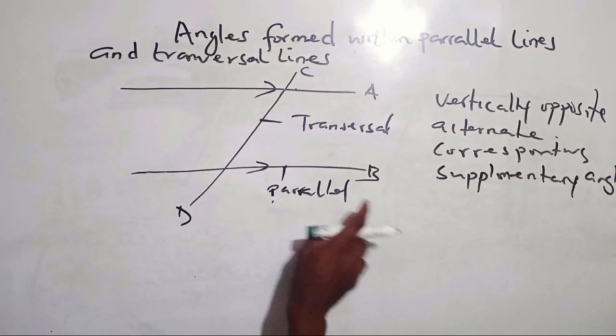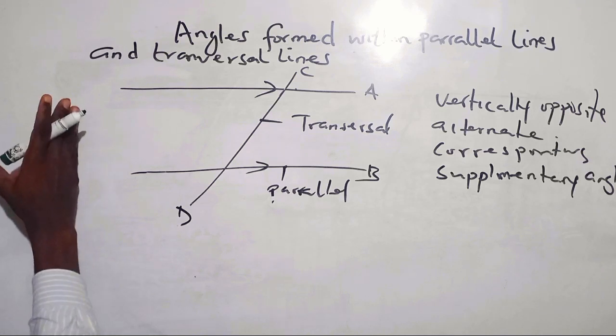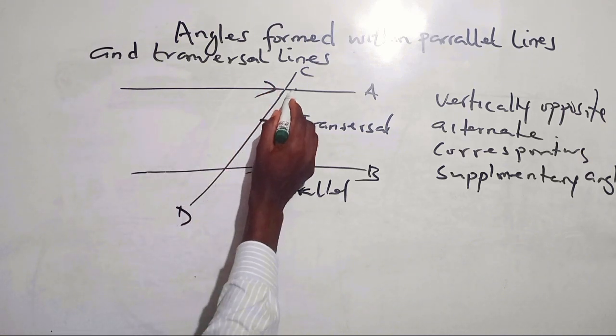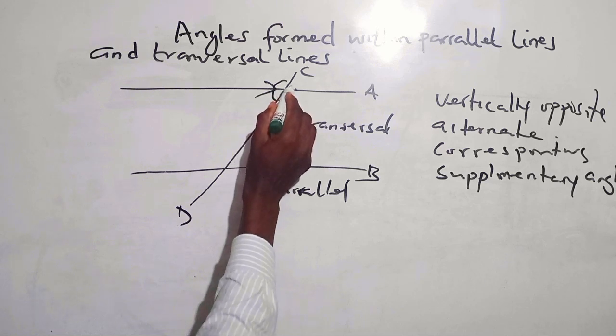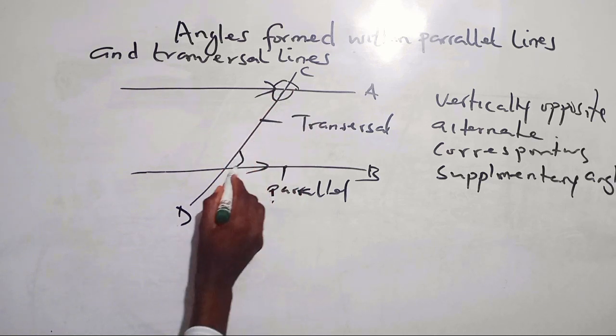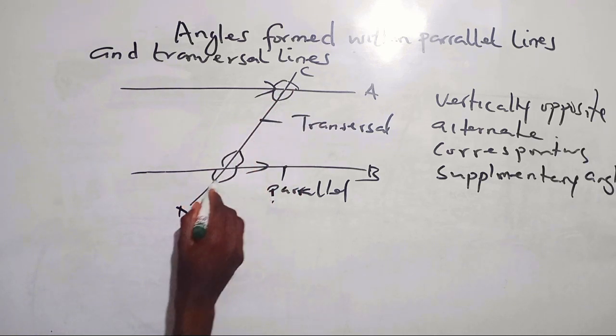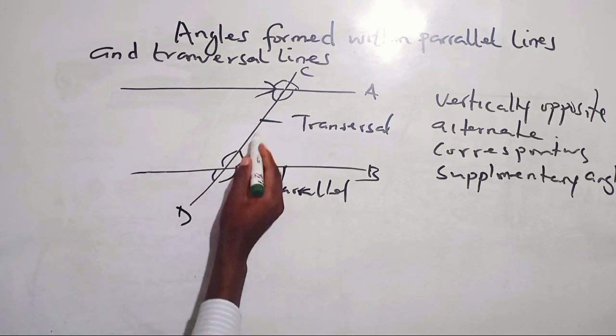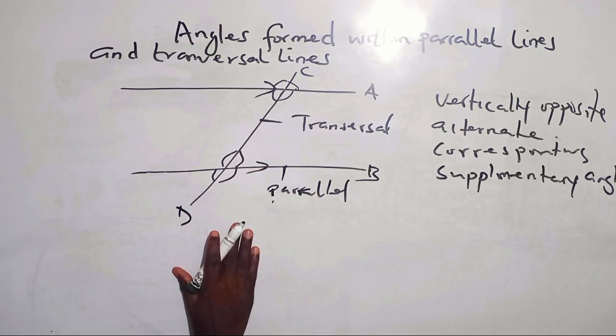When we look at the parallel lines and the transversal line, we can see angles are formed as a result of the intersection of the transversal line and the parallel lines.